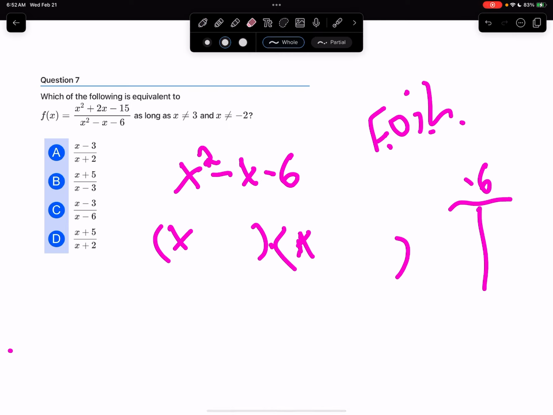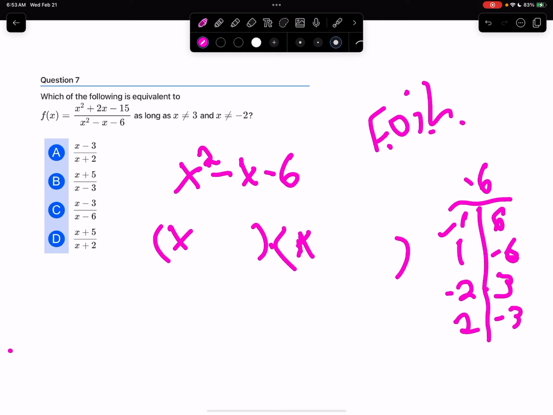It could be negative 1 times 6, 1 times negative 6, negative 2 times 3, and 2 times negative 3. And that's it. Now that we have those four sets, we're figuring out which set to put in this location here and here. Those two numbers will go here, and then we'll almost be done with that one.